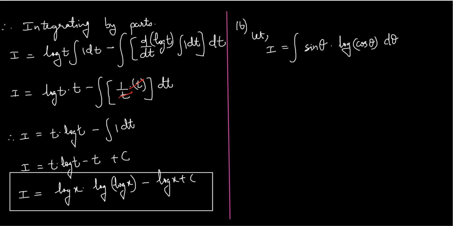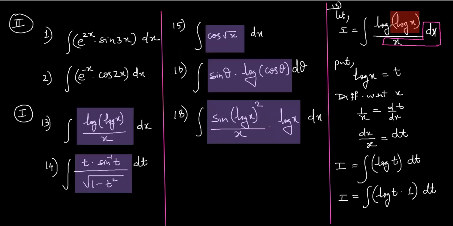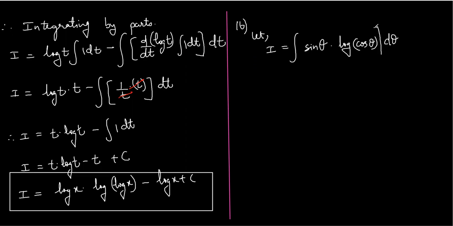Now see question number 16. This question is similar to the question that we just solved, the 13th. Why? Because there we had log of log x, and I called the inner variable t. Here, the same thing: I have log of cos theta.